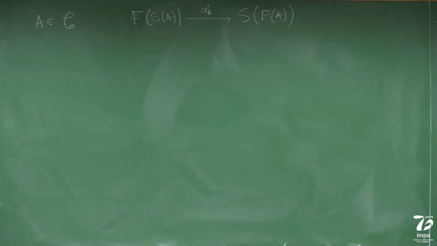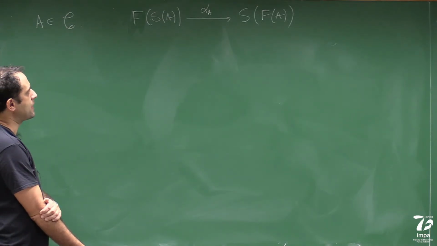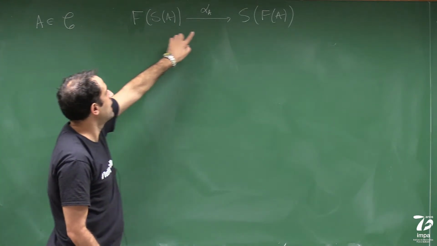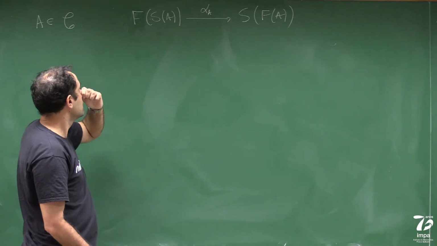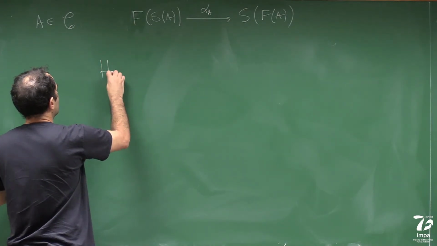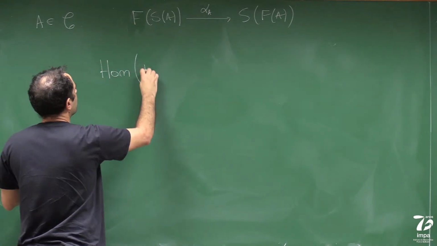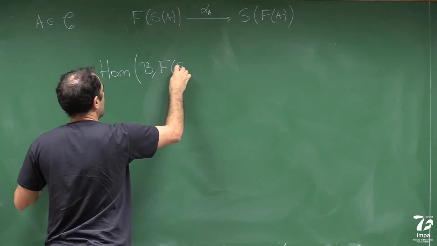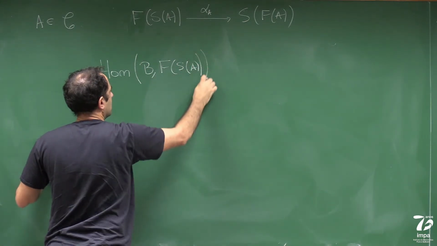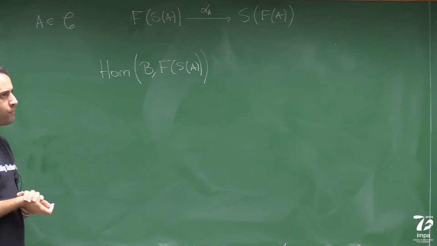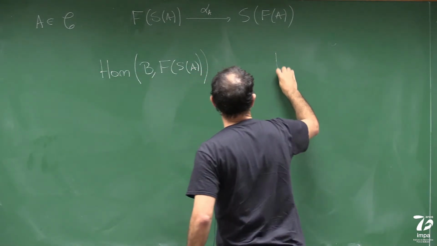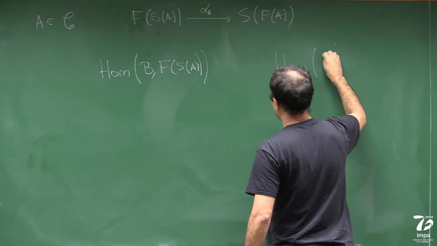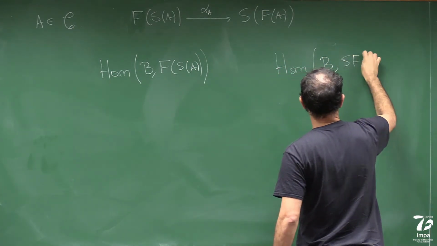Okay, so by Yoneda's lemma, both of these guys are completely determined by the Homs into those guys. So this is equivalent to giving you for every B, I would have a Hom from B to F of SA and I would have a Hom from B to S of FA.